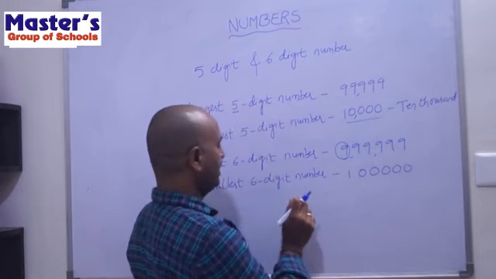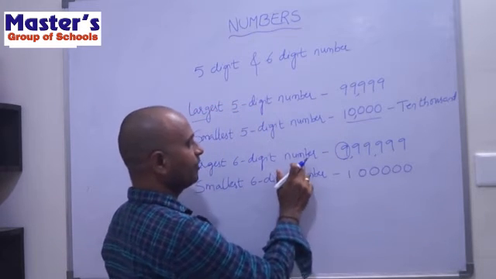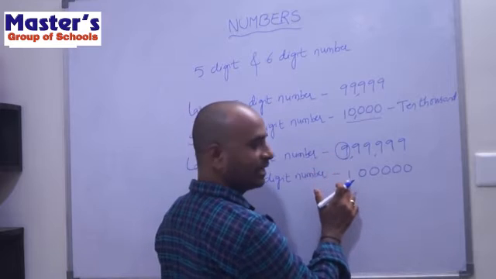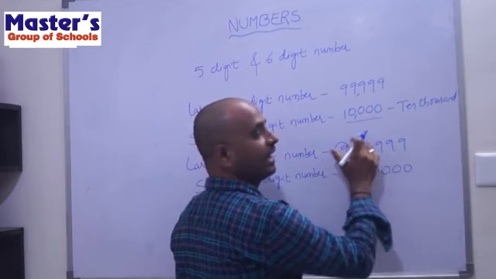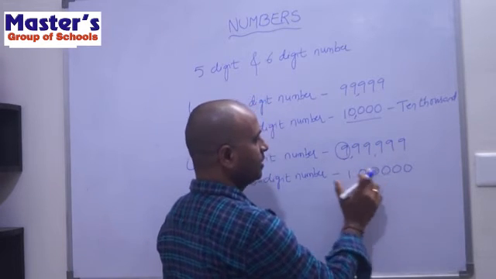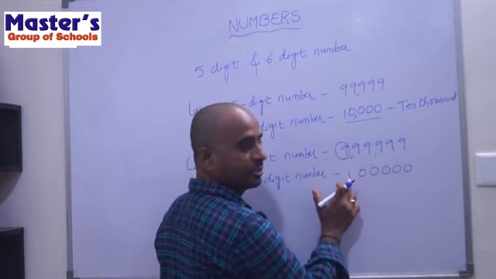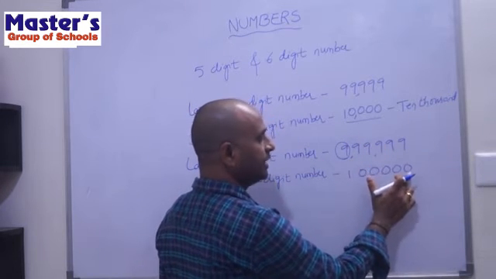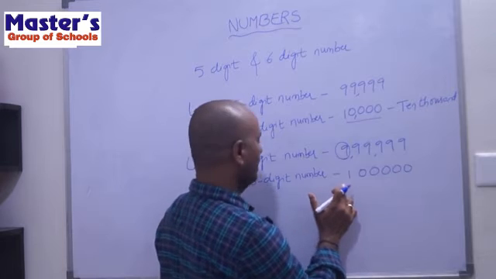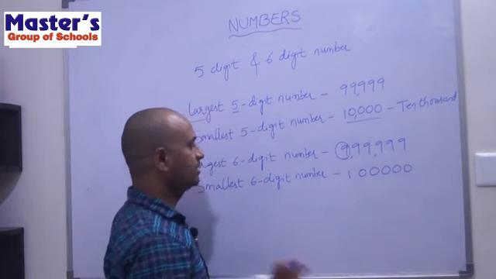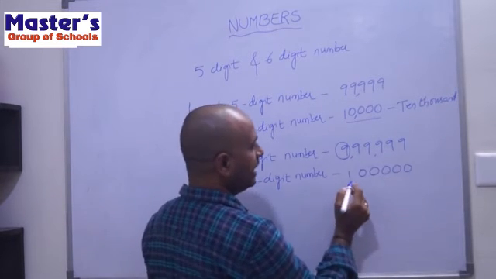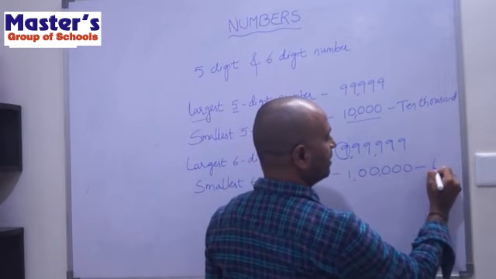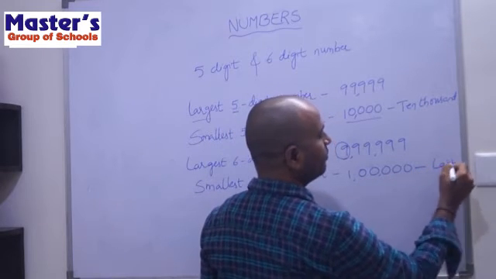Replace the first 9 with 1 and replace the remaining 9s with zeros. So the first 9 is replaced by 1 and the remaining 5 nines are replaced by 5 zeros. Then we get the smallest 6-digit number, and it can be read as 1 lakh.